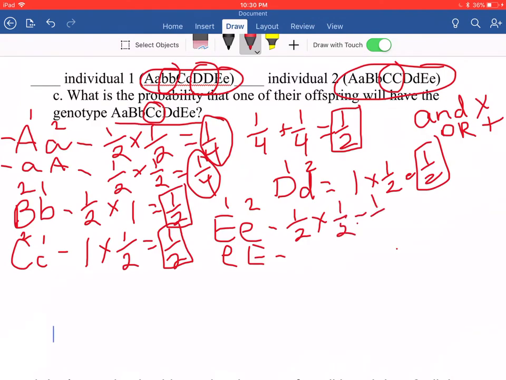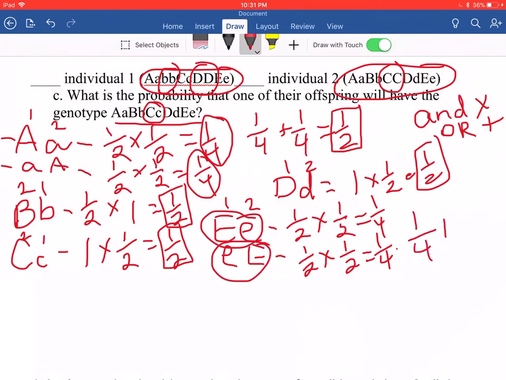So we've got a fourth. Then we have individual 1 passing on little e, which is a half, times individual 2 passing on big E, which is a half. Now what is the probability that the offspring is going to get this combination or this combination? That is a fourth plus a fourth, which is a half.